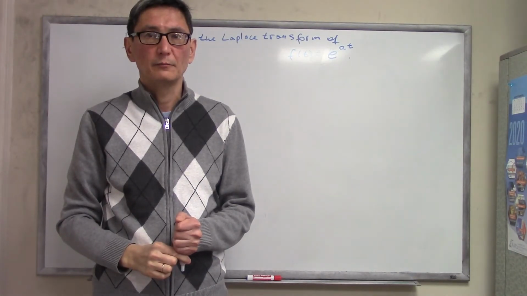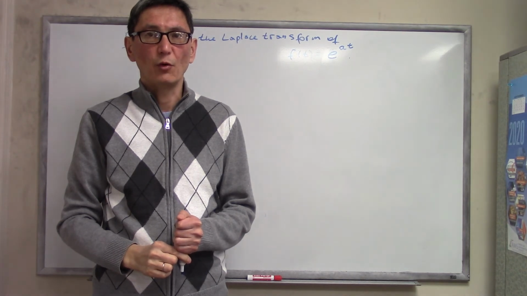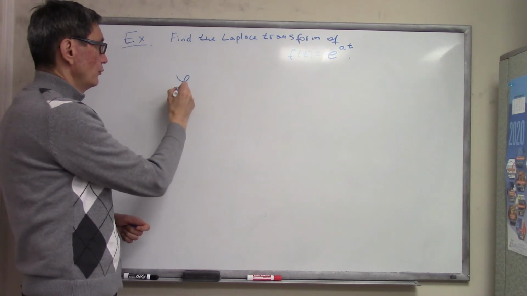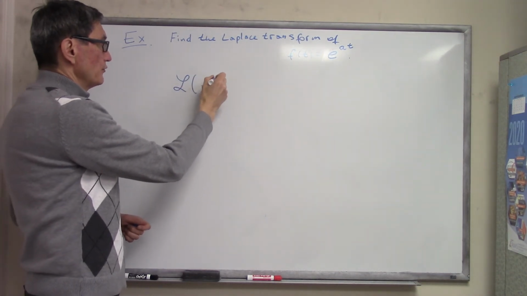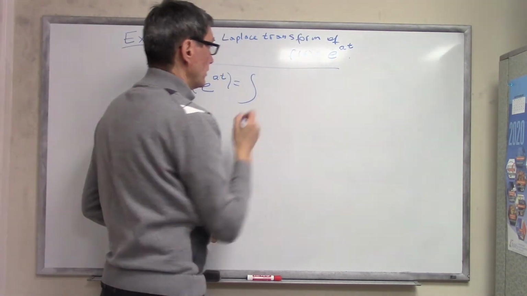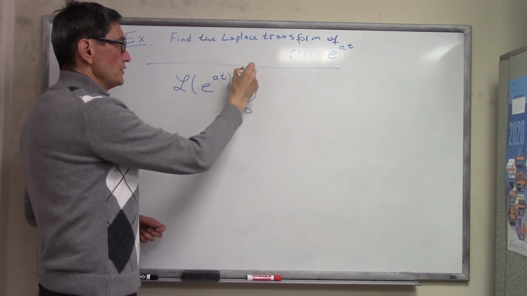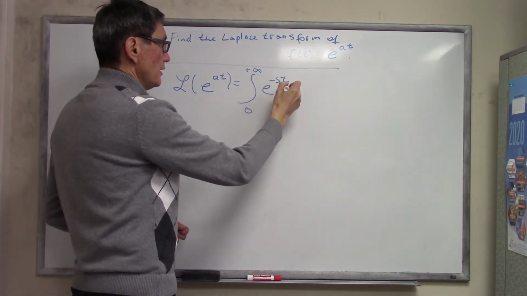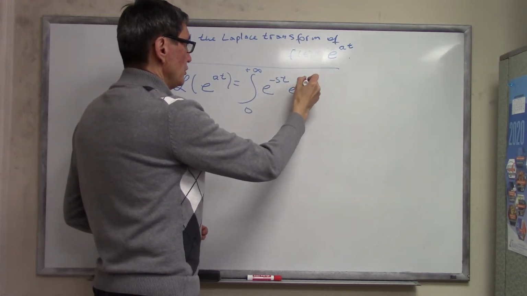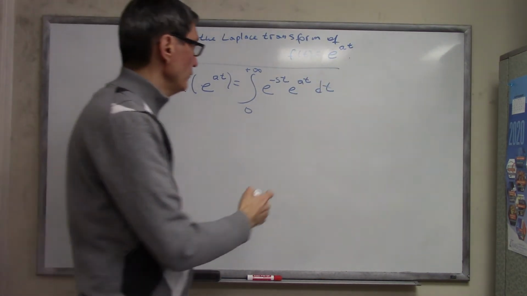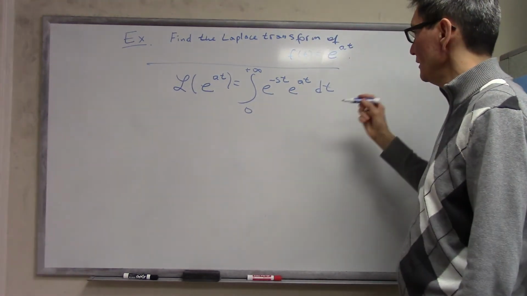Our next example, we want to find Laplace transform of e to the at. So we write down the corresponding definition of Laplace transform, integral from 0 to plus infinity of e to the negative st times the function e to the at dt. Then we're going to combine the powers of e.